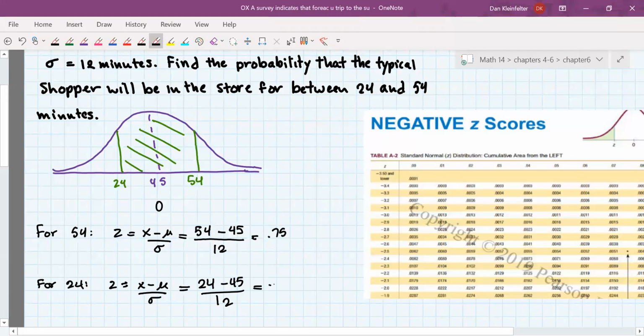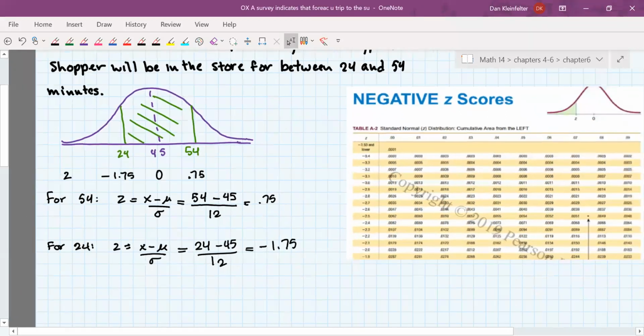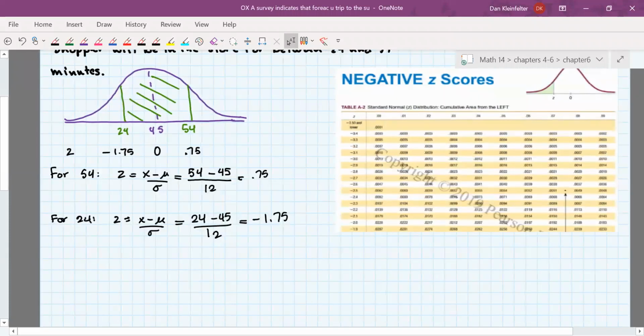That's negative 1.75. Okay, so negative 1.75 corresponds to 24 minutes, and 0.75 corresponds to 54 minutes. So then we need to find the amount of area between those two cutoffs.